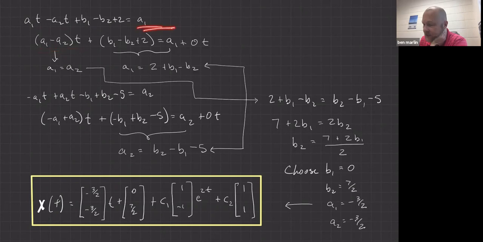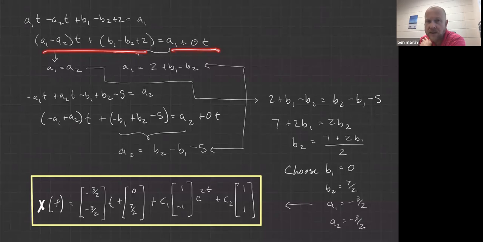The right-hand side didn't have any t's, so think of it as 0t. In Calc 2, in theory, you have seen equating coefficients as your technique of doing partial fractions, okay? So if you have two polynomials on either side of an equation and you allege that those polynomials are equal, their coefficients have to be equal.